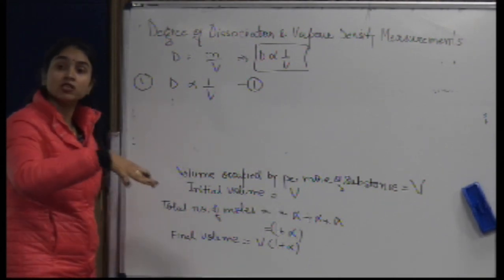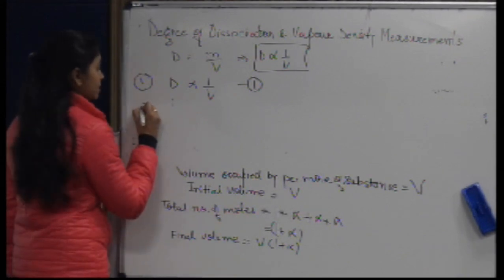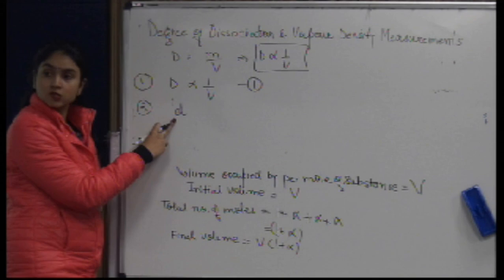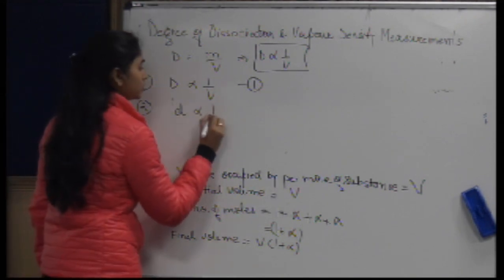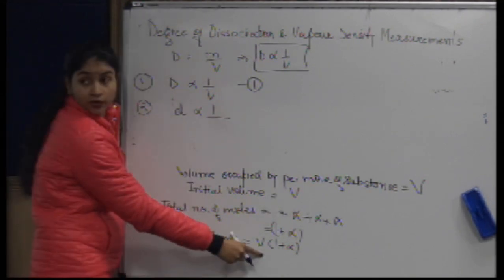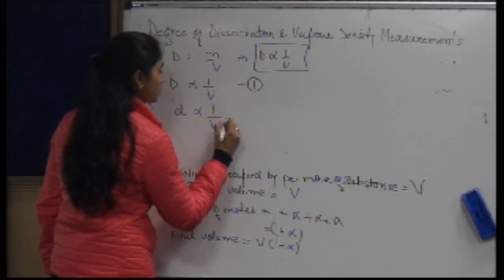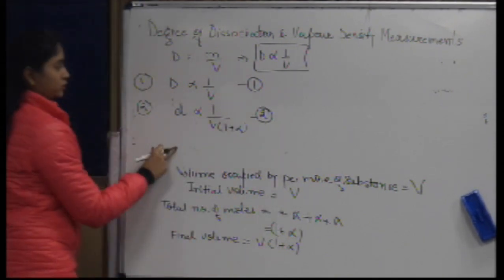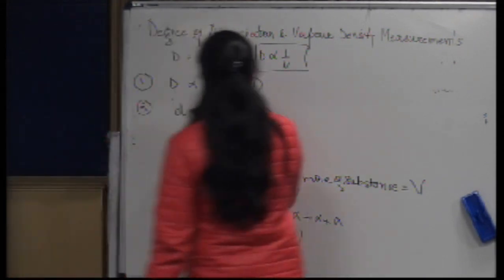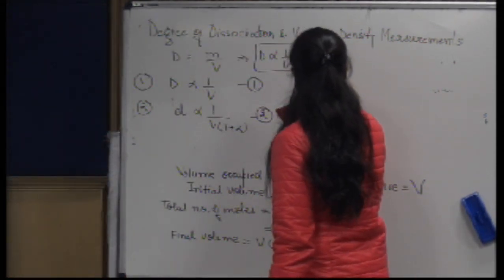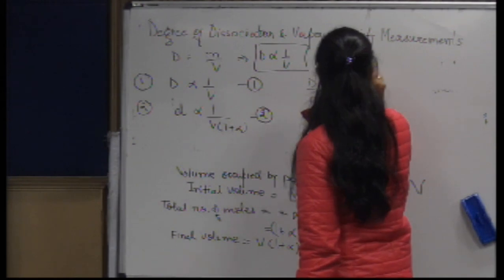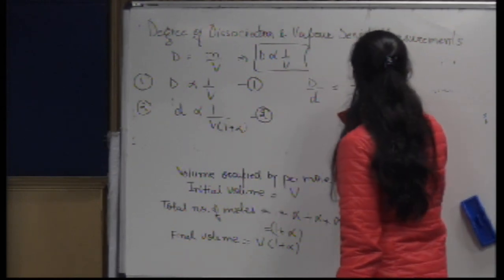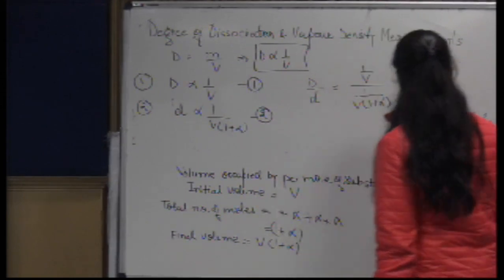Second, let me say the density at equilibrium is represented by small d. In that case, volume is V into 1 plus alpha. This is your second expression. Now I'll take the ratio of these two, D by d. So this will become 1 by V divided by 1 upon V into 1 plus alpha.